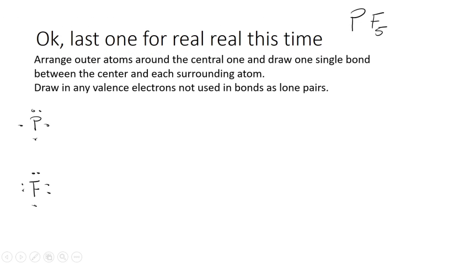Then we're going to arrange our outer atoms around the central one and draw one single bond between the center and each of the atoms. So we've got phosphorus and 5 fluorines.